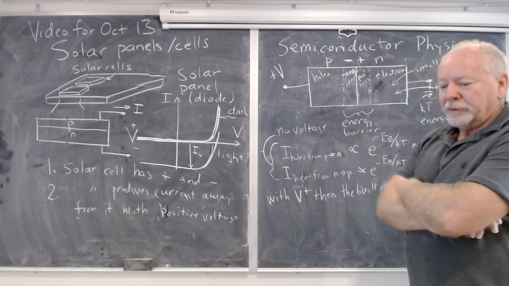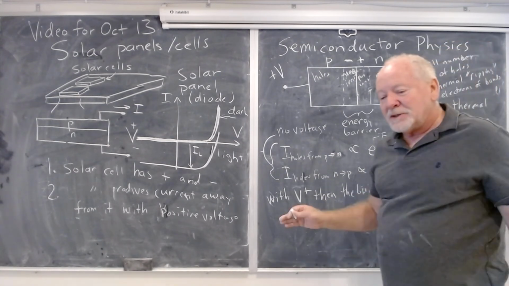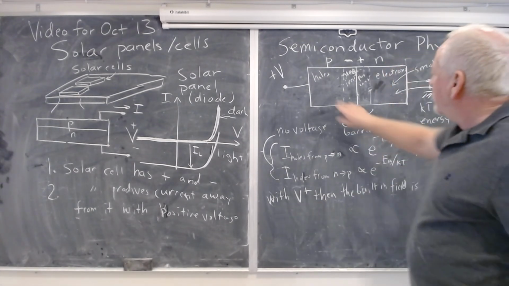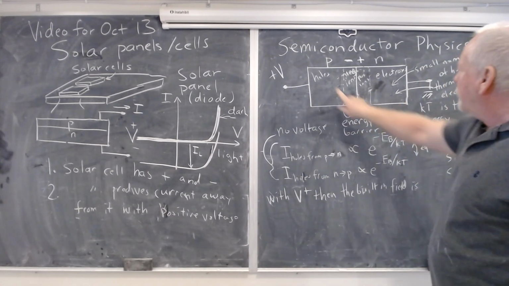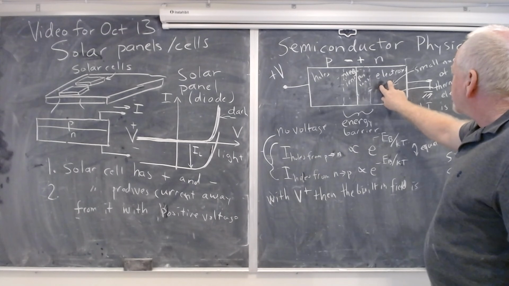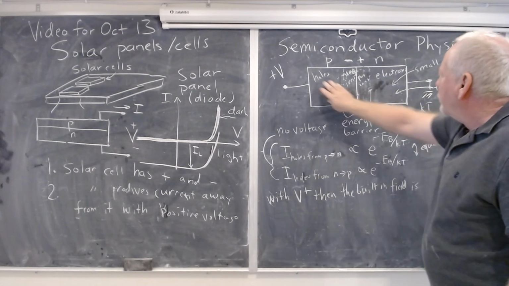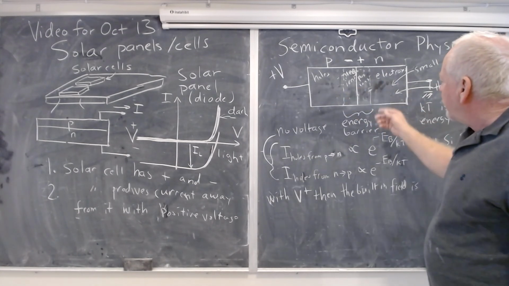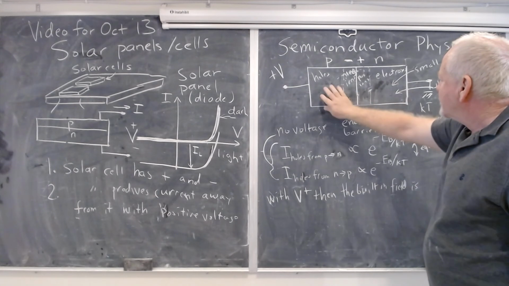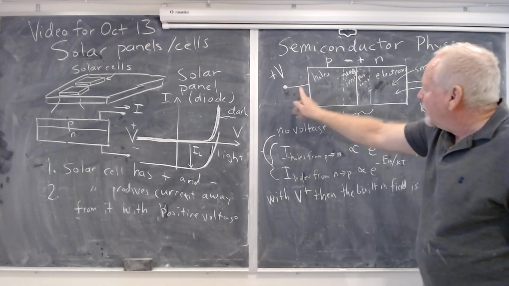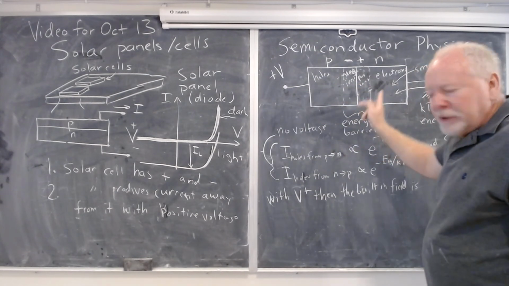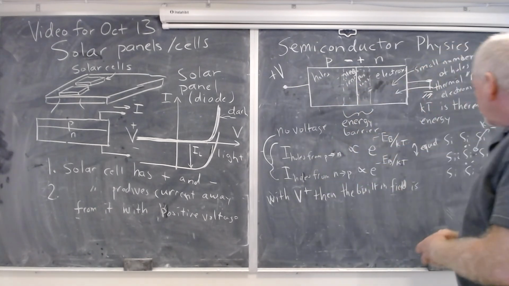The answer is smaller, because remember what's happened. Think of the holes. The energy barrier, positive, negative, stops these holes. But if I put a plus voltage there, it's like it's pushing them from behind, kind of. And so it effectively lowers the barrier.